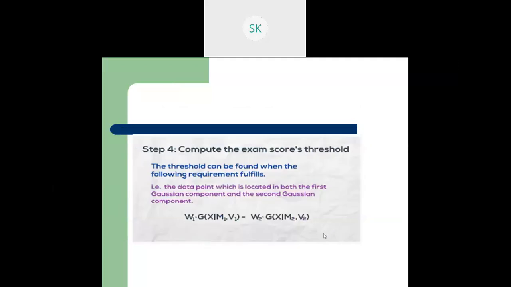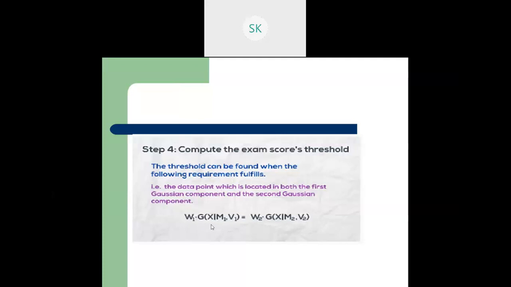Step 4: compute the exam score threshold. The threshold can be found when the following requirement is fulfilled: the data point is located in both the first Gaussian component and the second Gaussian component. That is, W1 times N of x by M1, V1 is equal to W2 times N of x by M2, V2.